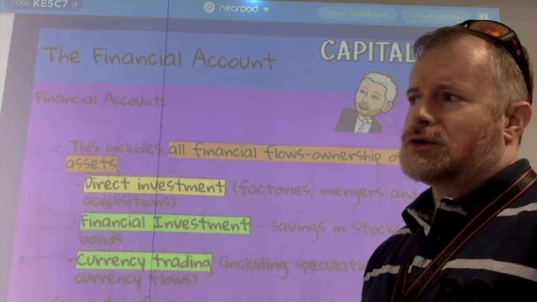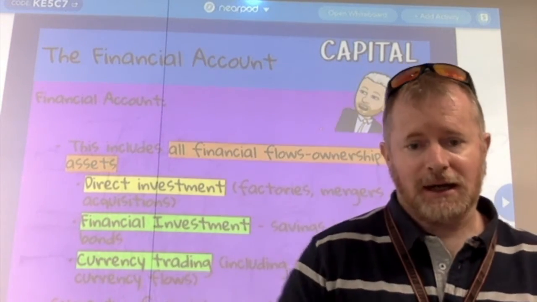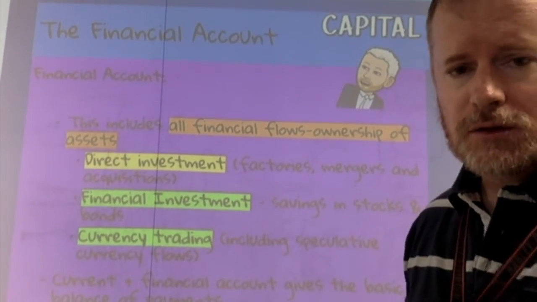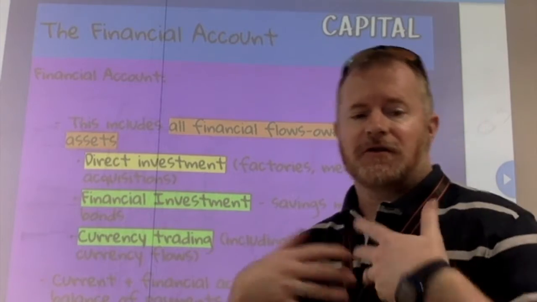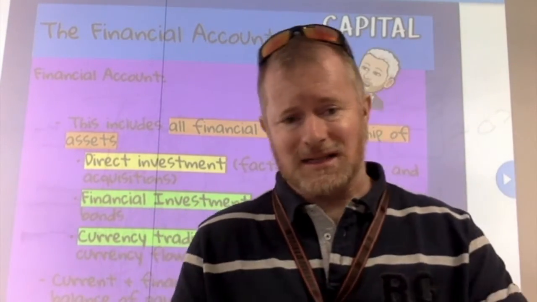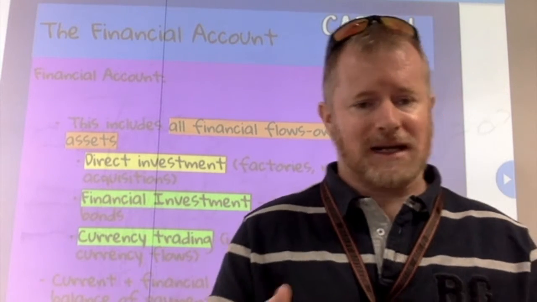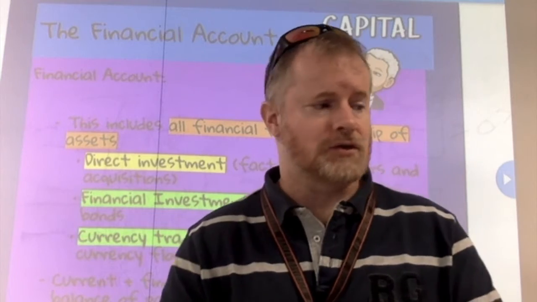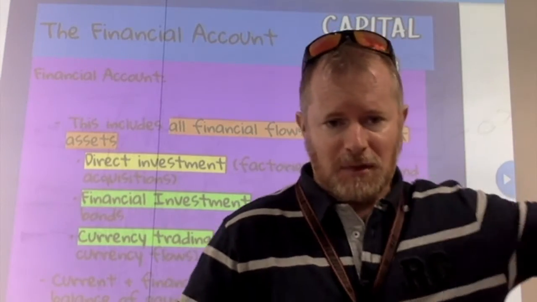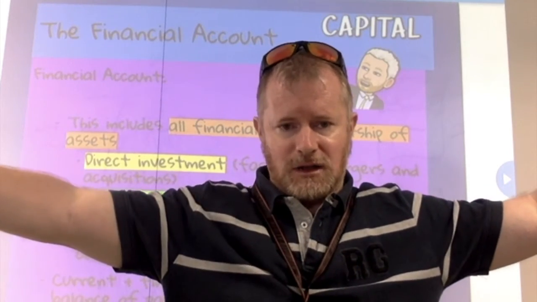Now, if we are to dive even deeper into the structure, again, there are a lot of terminologies that we use. So becoming familiar with them, able then to see them in a news article or a case study and understand what they're referring to, is a very useful thing. When we talk about the financial account, you remember you had the current account, the capital account, the financial account.